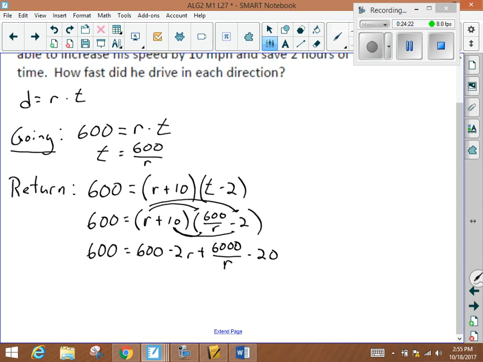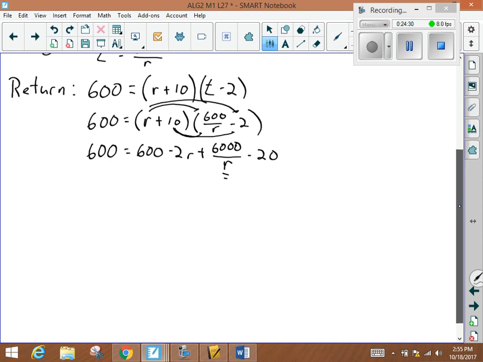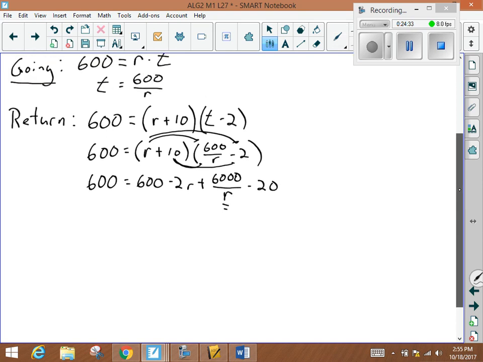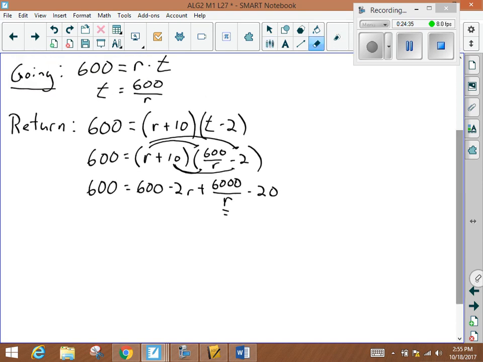All right. So I really dislike that I have this r in my denominator. So I'm going to go ahead and be clever and get rid of it by just multiplying my entire equation by r. I really don't like that r is there. So I'm going to multiply this whole thing by r.